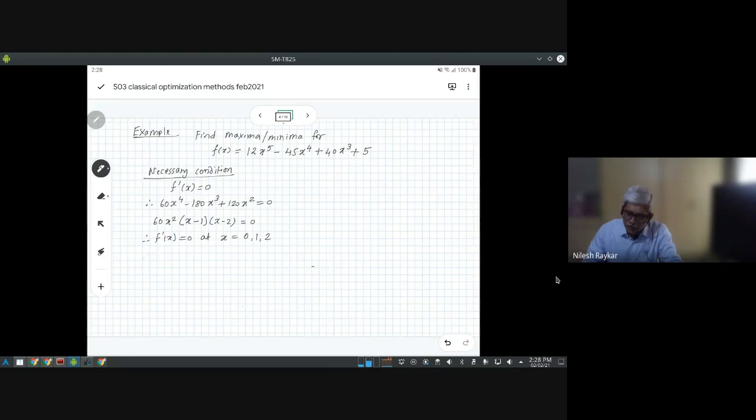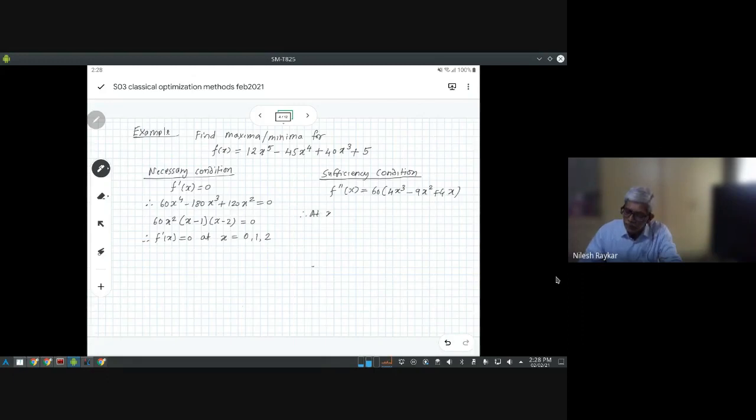Okay, so let's take the first point. So next is the sufficiency condition. At each point we'll consider the second derivative. So f double dash x will be 60 in the bracket 4x cube minus 9x square plus 4x.